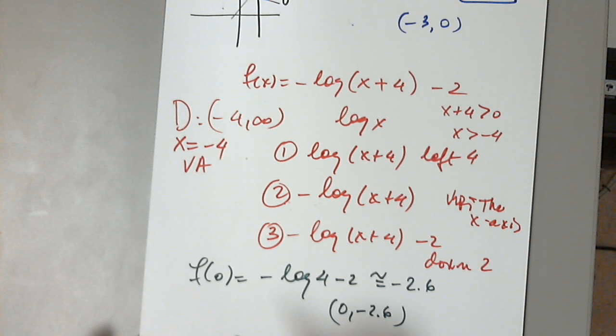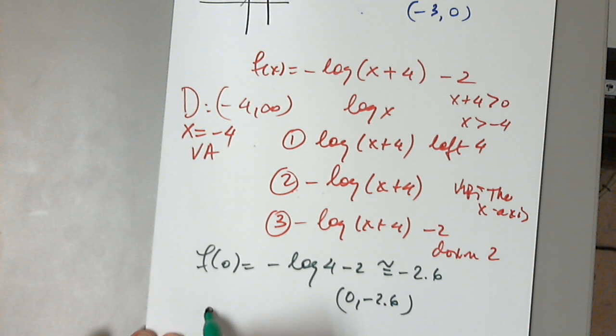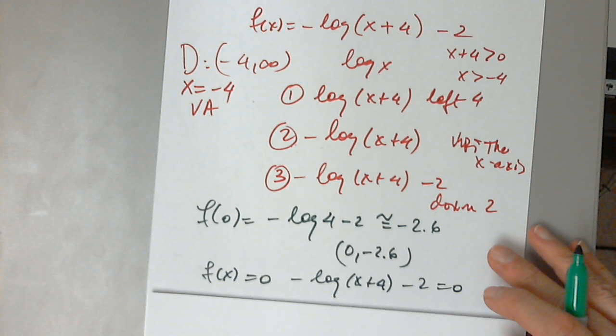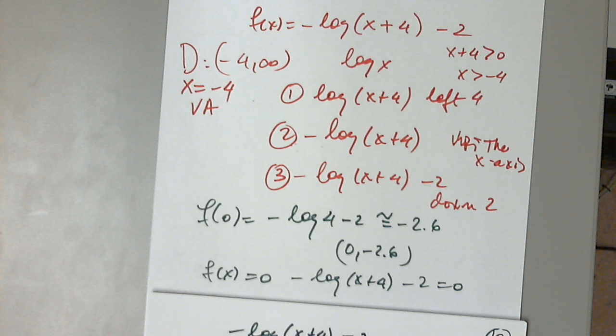And then when I set this equal to 0, I have negative log x plus 4 minus 2 equals 0. And then we get negative log x plus 4 equals 2, or log x plus 4 equals negative 2.